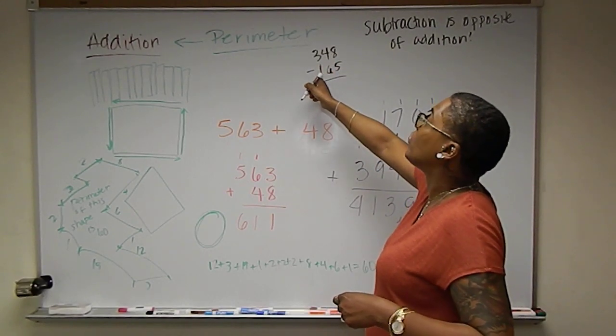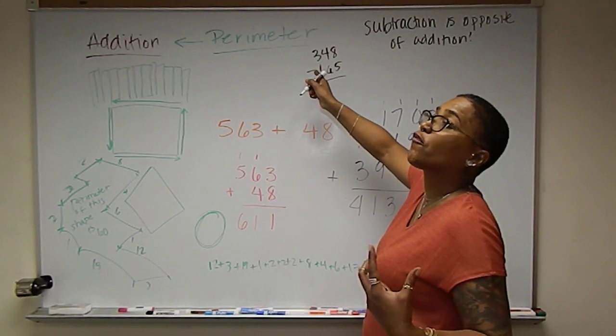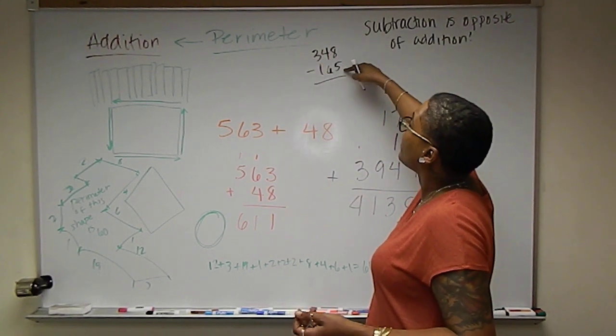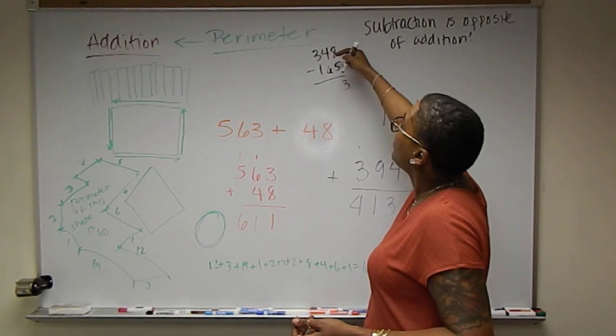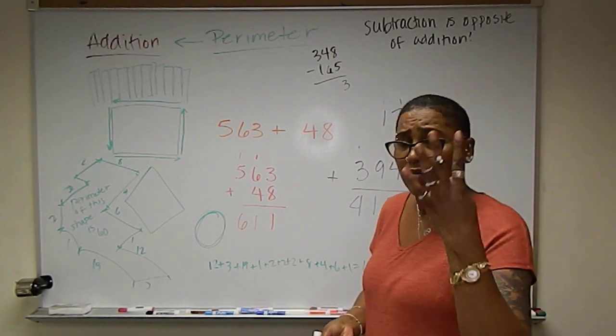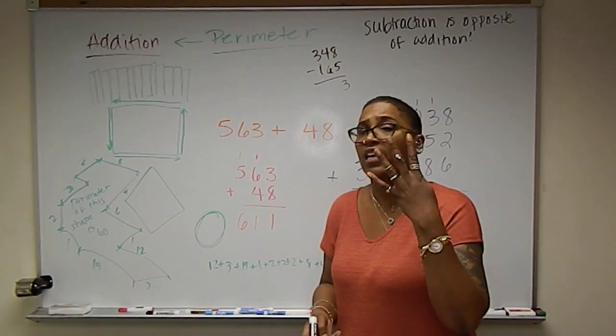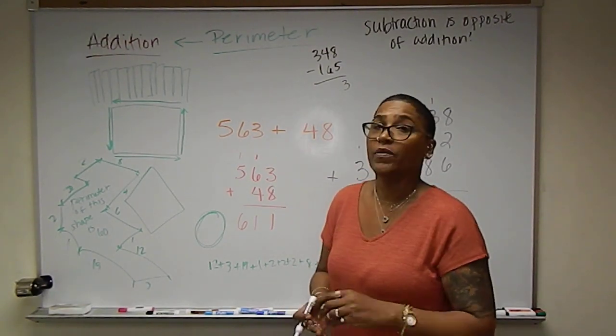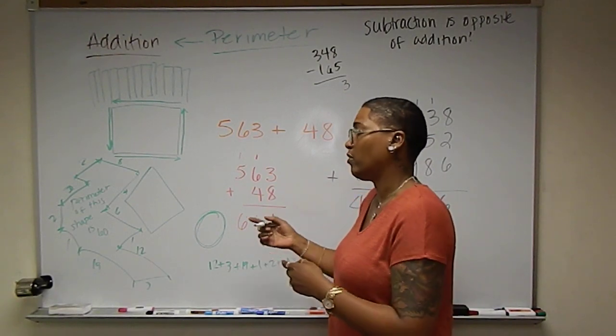You're taking 165 away from 348. So 8 minus 5 is 3. Now you can't take 6 away from 4. Because 4 is only this many. You don't have enough to take 6 away from it. So you have to borrow from that 3.